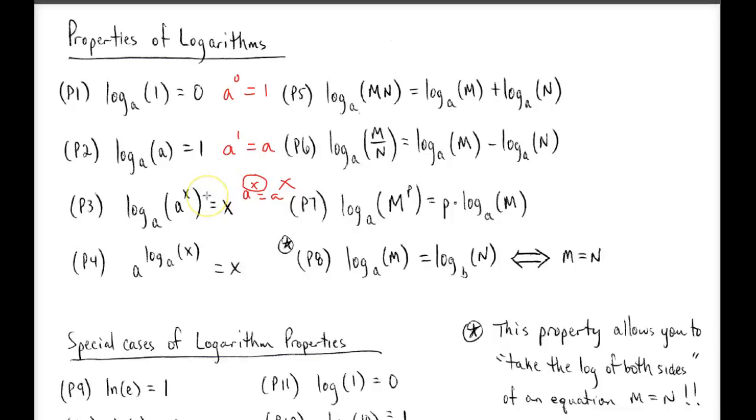Okay, property 4 actually comes from knowing this property that y is equal to log base a of x, and I'll try that again here. y is equal to log base a of x, and that can be converted to a raised to the y equals x. If you remember that log base a of x is just a fancy way of expressing an exponent, you see that this y right here is equal to everything we see here, the log base a of x.